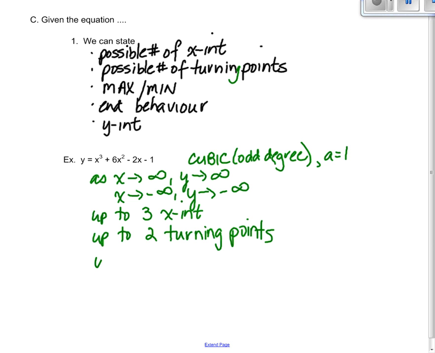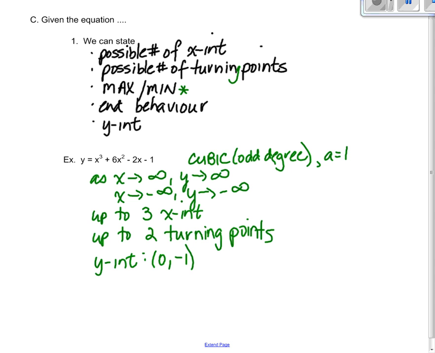And the y-intercept is -1. If we were able to factor this, we would have better luck at finding maximums and minimums. But the equation can give that to us if we are able to manipulate it.